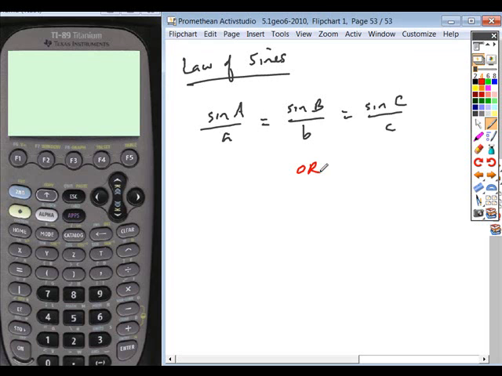Okay, but you can flip them. Ratios are the same whether they're done numerator over denominator or denominator over numerator. So we could also flip this: a over the sine of A equals b over the sine of B equals c over the sine of C. So those are equivalent. It doesn't matter which one you choose, it'll lead you to the right answer.